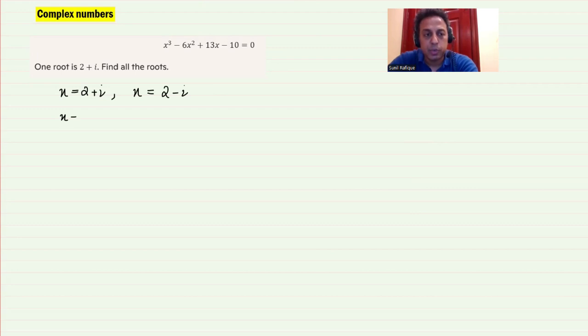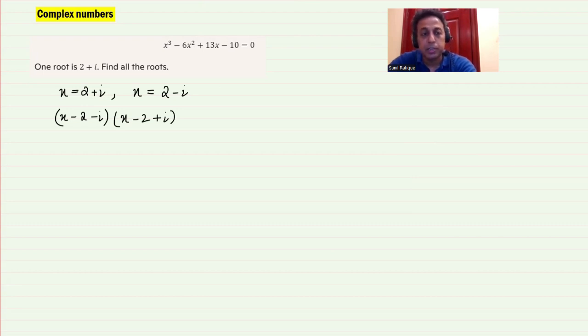So let's get the factors. One linear factor is going to be x minus 2 minus iota. And the other one will be x minus 2 plus iota. You get it? So if I multiply the two imaginary factors, obviously I'll get a quadratic factor. It doesn't matter whether they are real factors or imaginary factors, but I'll show you how to get the quadratic polynomial.